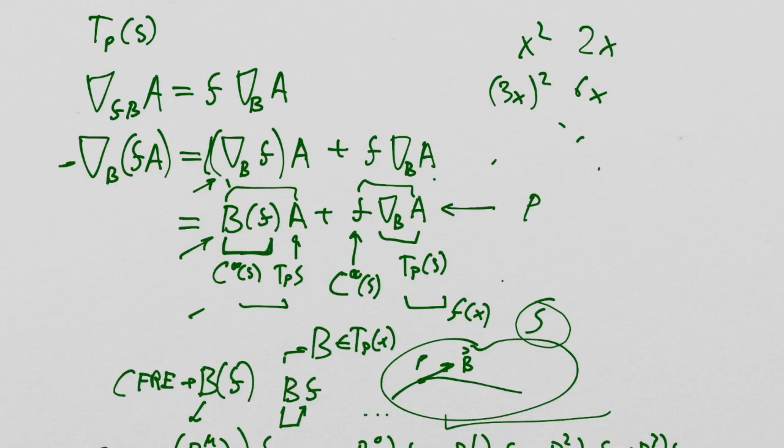The conditions being that A is a vector field defined in the neighborhood of all the points. F is a function defined in the neighborhood of all the points. B is a vector field that has some value at the point, though it doesn't have to be defined in the entire neighborhood of the point. It does have to be defined along some curve, but that's what a vector is.